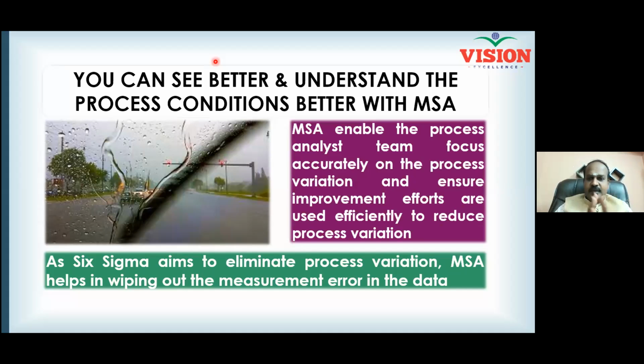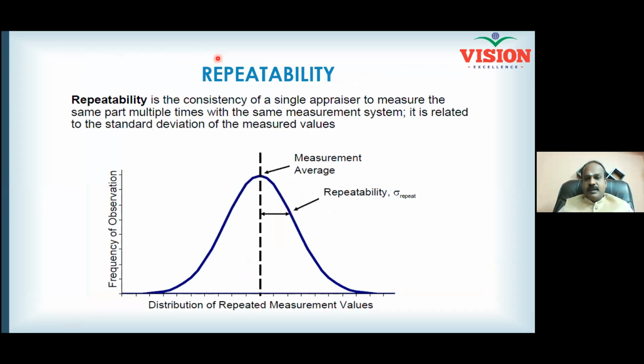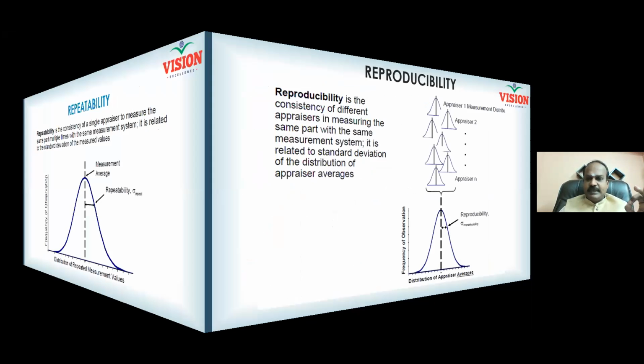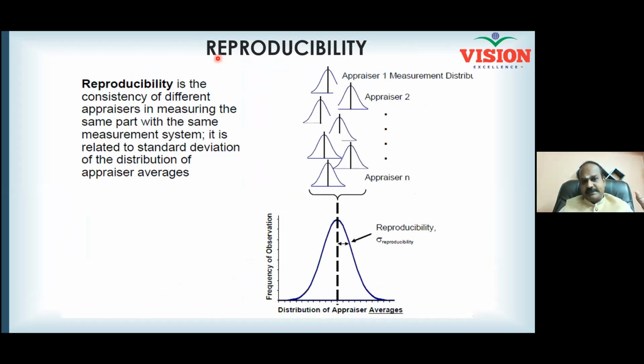Same way, when measurement error appears, you must wipe out the measurement error. For wiping out the measurement error, the tool to be used is gauge R&R. Gauge R&R means gauge repeatability and reproducibility. So repeatability is the error within the appraiser, and reproducibility is the error between the appraisers.